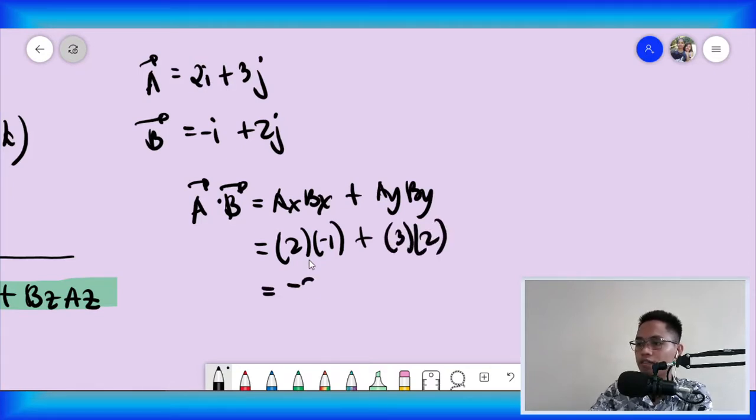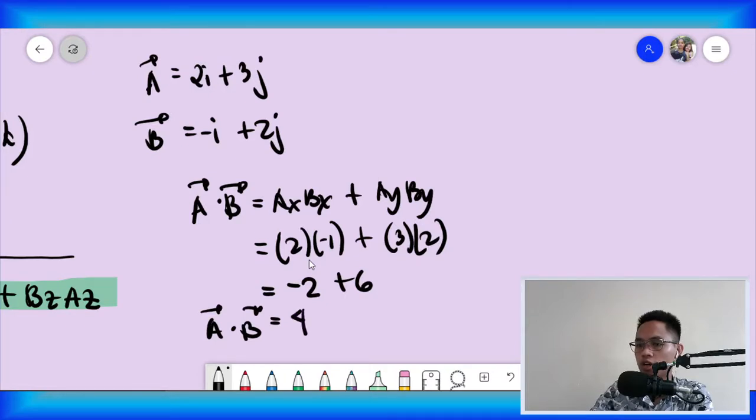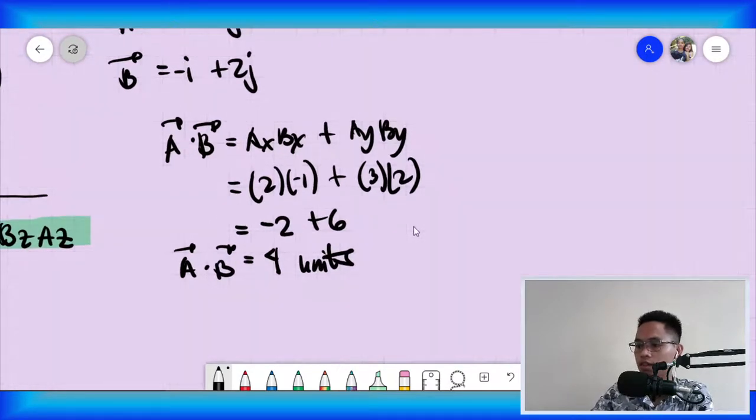Therefore, this would be negative 2 plus 6. Therefore, the dot product of A and B is equal to 4. And what is the unit? There is no unit, so 4 units. So that is the dot product of A and B, 4 units.